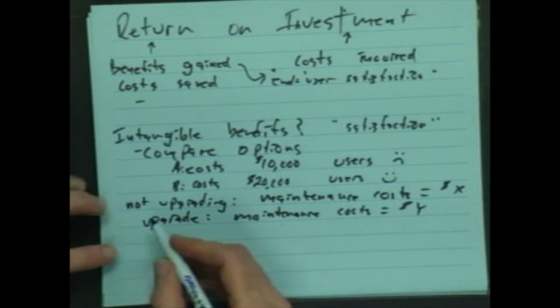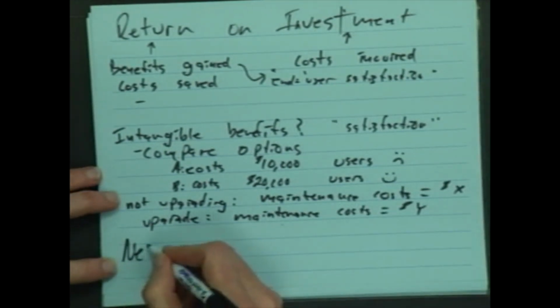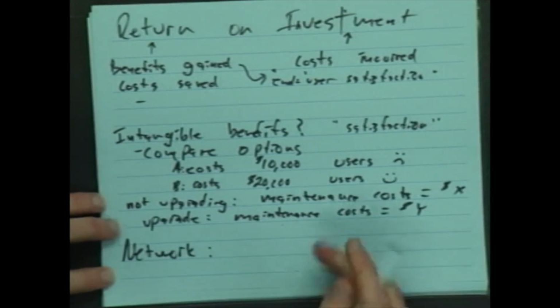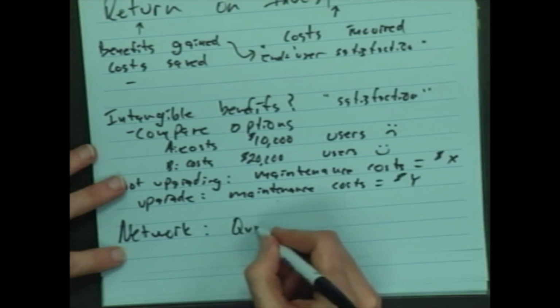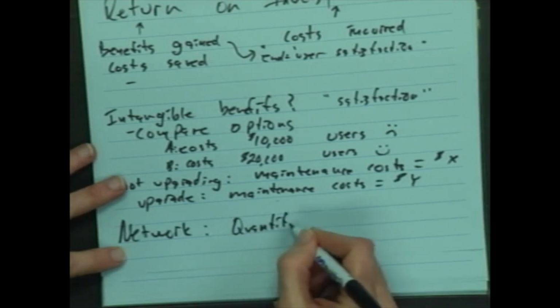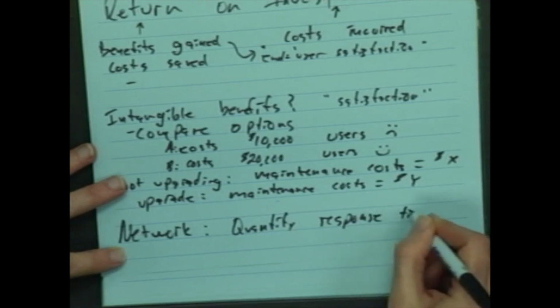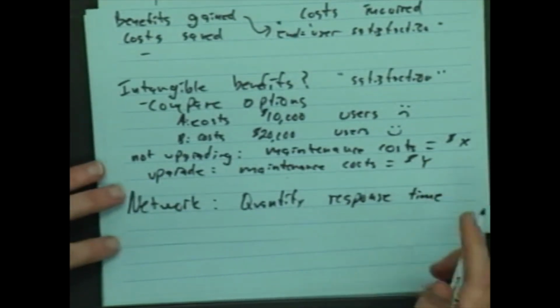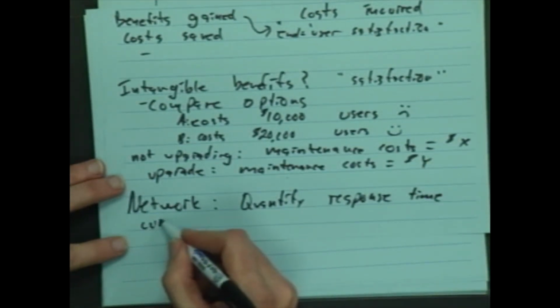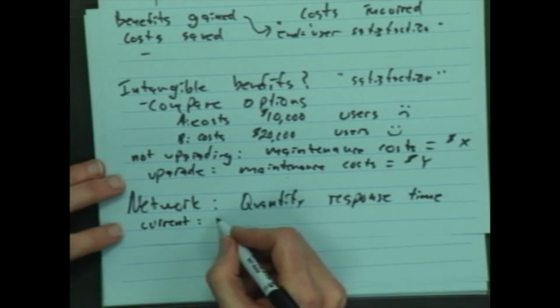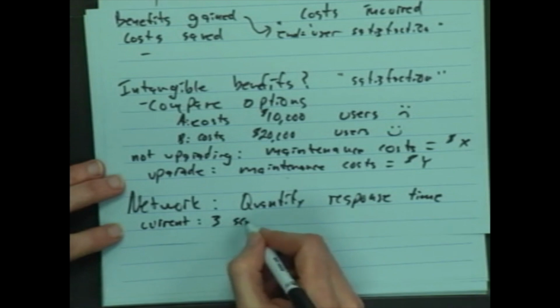A nice way to justify a network is to talk about the response time. So we can say the current is, let's say, 3 seconds.